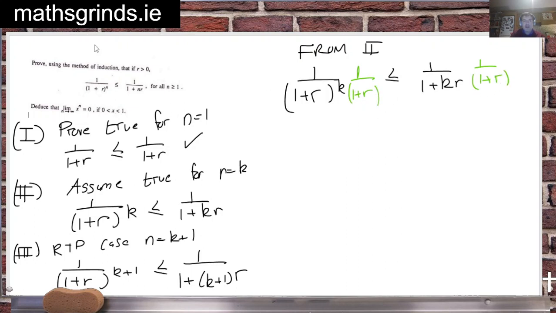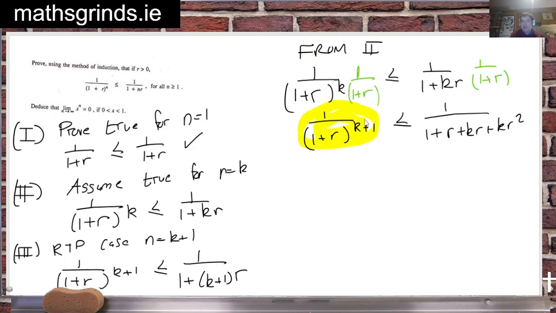So what will happen is on the left we'll get 1 over 1 plus r power k plus 1 is less than or equal to 1 over 1 plus r plus kr plus kr squared. And basically we've shown that this is less than this.